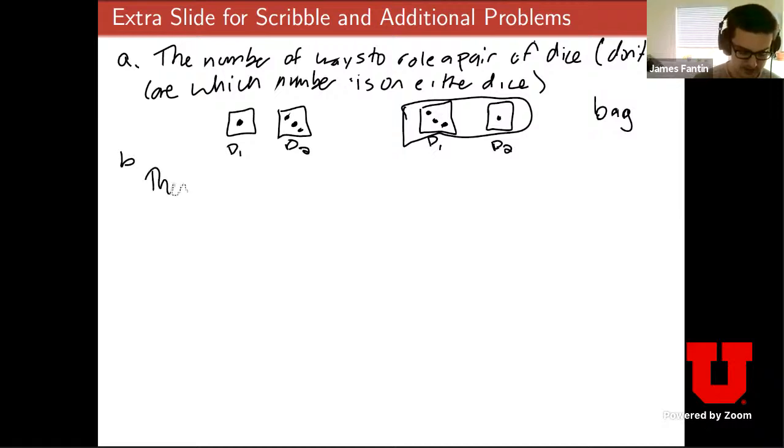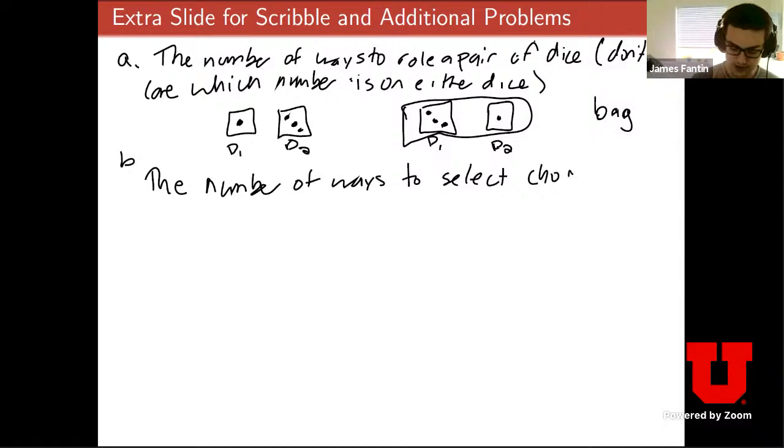So the next part was the number of ways to select 5 pieces of chocolate from a chocolate box, where all the chocolate in the chocolate box is different.